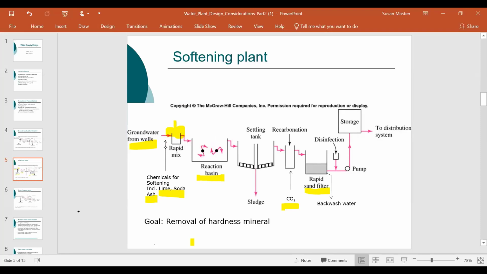Here they show disinfection, so we're adding a disinfectant. Actually, often we will add phosphate or some form of phosphate as a corrosion inhibitor, and often we will add some form of fluoride for dental health.